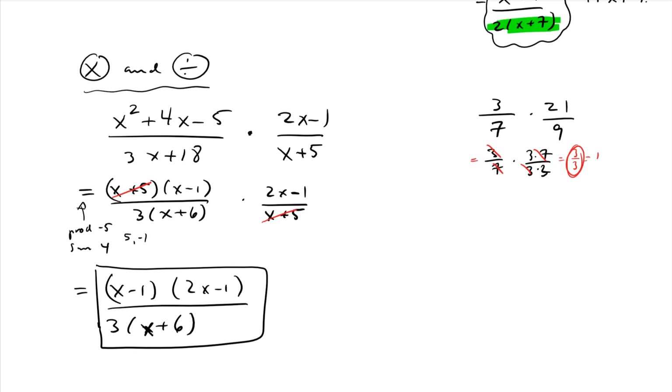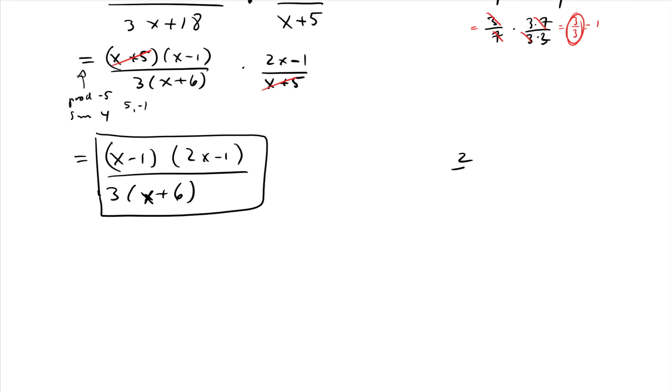So that's multiplication. Division is a multiplication. So if you do 2/3 divided by 7/4, this is the same as 2/3 times 4 over 7. So dividing two polynomials is the same as multiplying them.